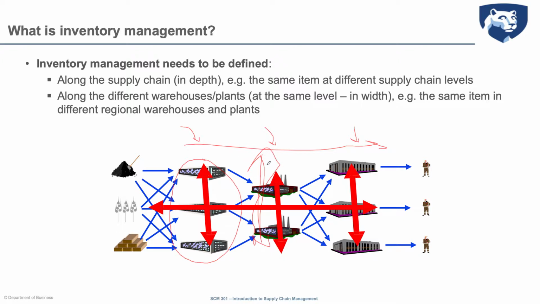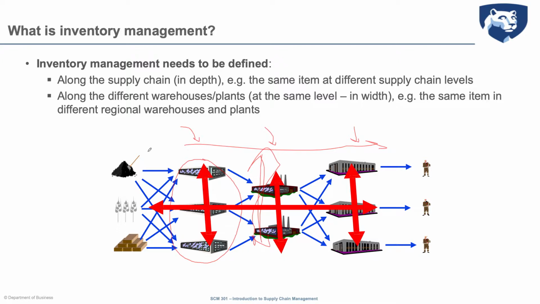Okay, so not only how much inventory at each stage, but also how much inventory for different actors at the same node. Why should you think about that? Because in the last part we will see that inventory has a cost, and if you remember this, you can imagine the magnitude of this cost.